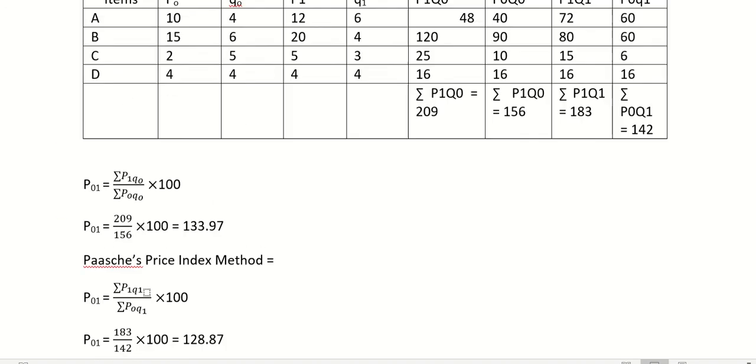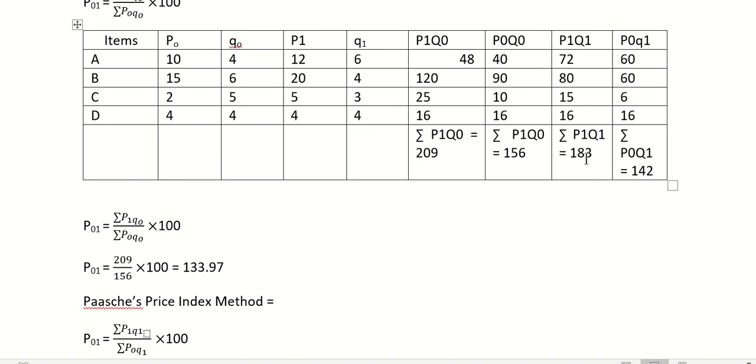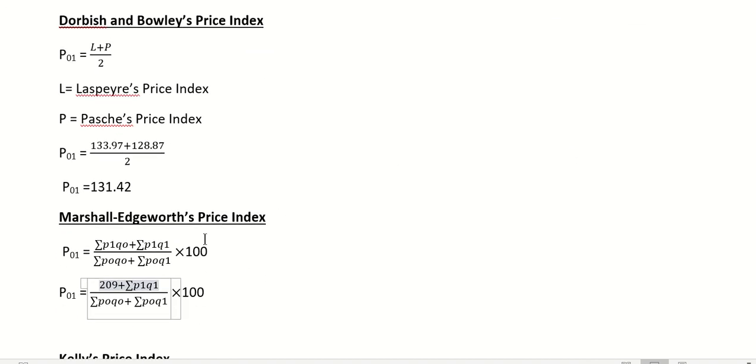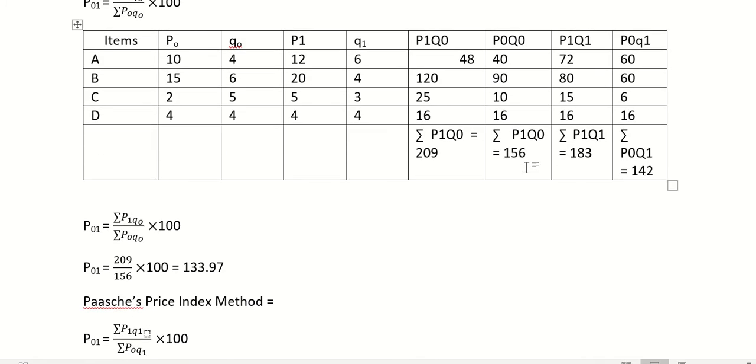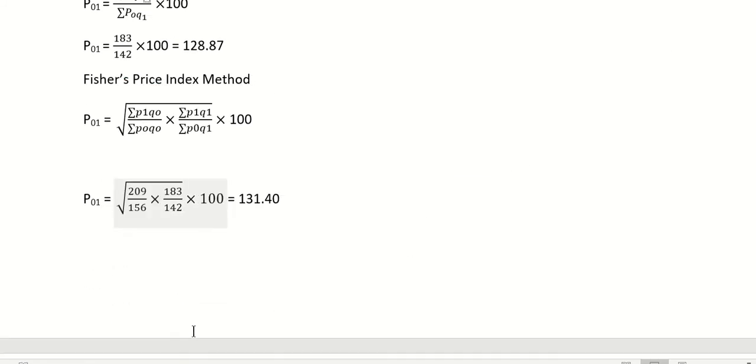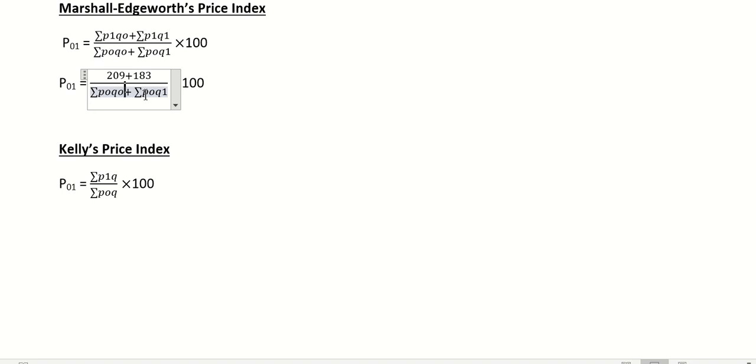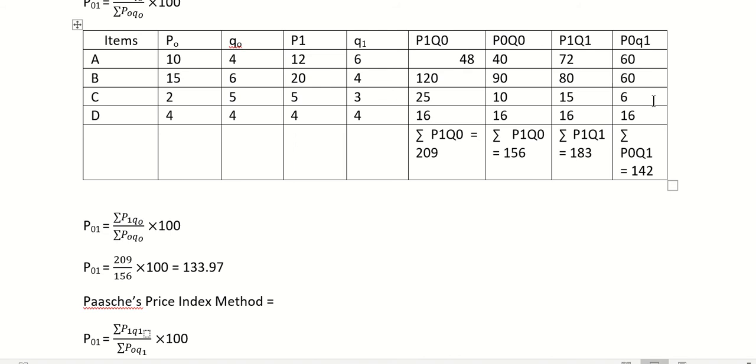P1 Q1 is 183, so here I'm writing 183, divided by P0 Q0. P0 Q0 is 156, so here I'll write 156, and P0 Q1 is 142. So here it's 142. Now we'll just solve it.